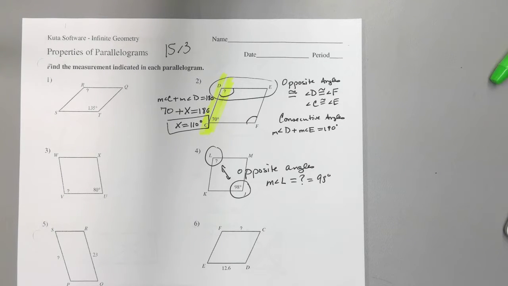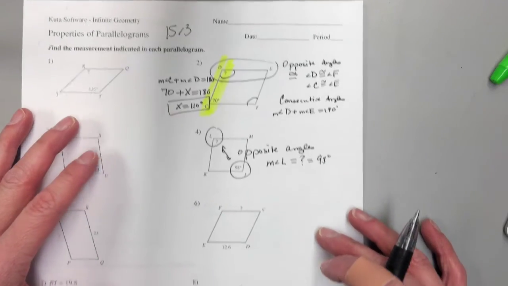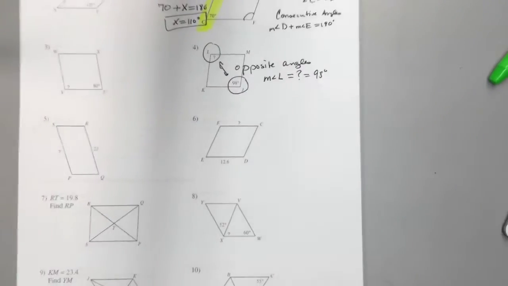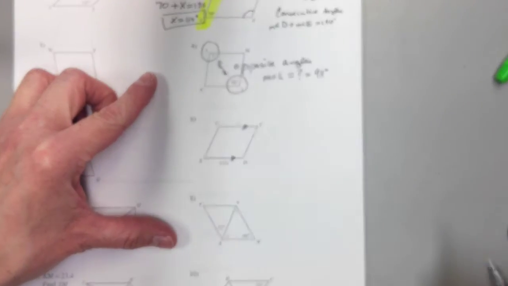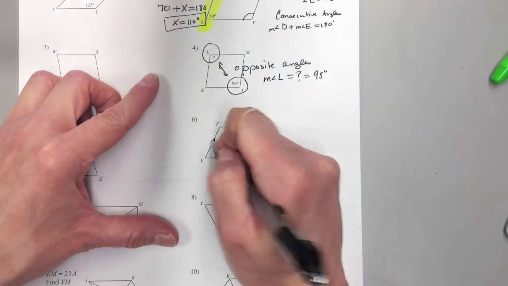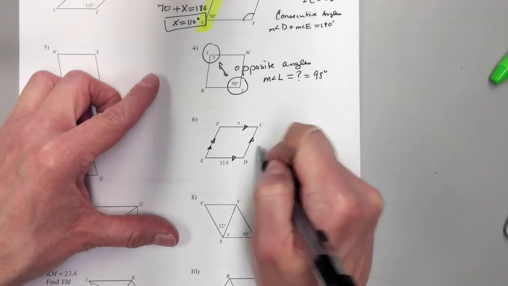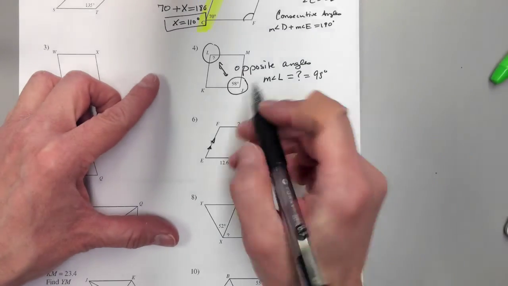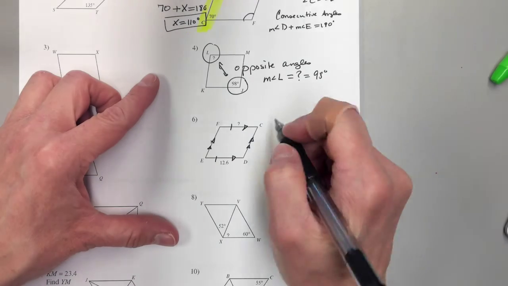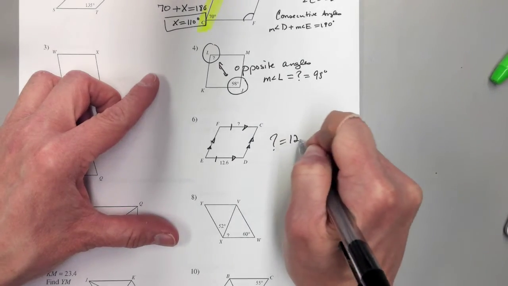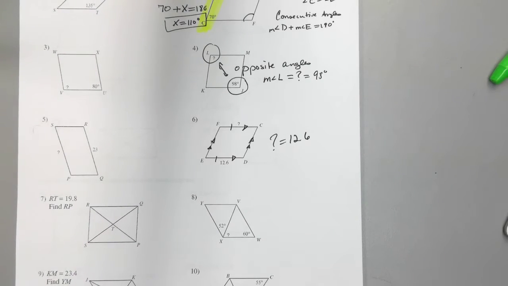I know that sounds weird, but those are our options. Problem number 6. I think we're pretty safe in saying those two lengths are going to be parallel, and these two are going to be parallel to each other, respectively. Remember that in a parallelogram, those two pieces are going to be the same. So our question mark is going to be 12.6.